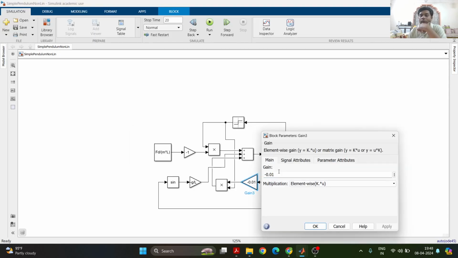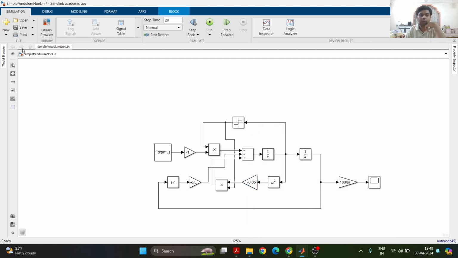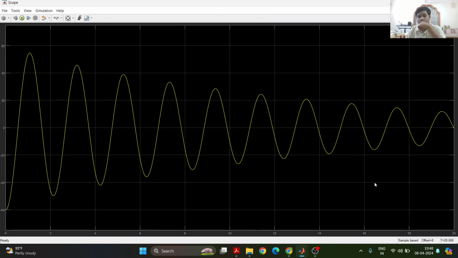So we can try to increase the effect of the viscous drag. So now we can see slightly more of exponential decay in addition to linear.